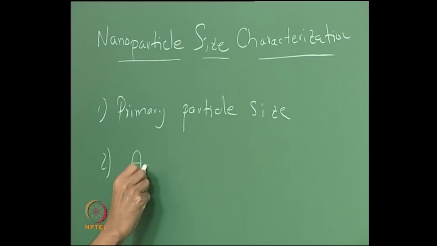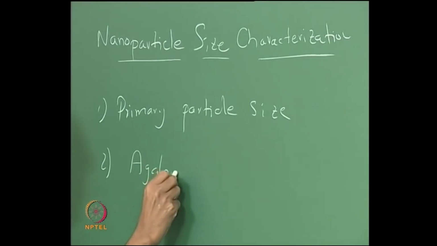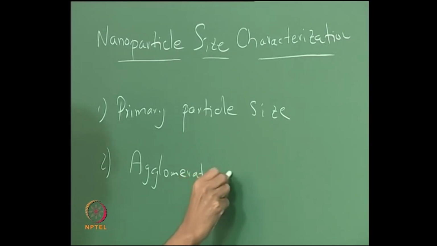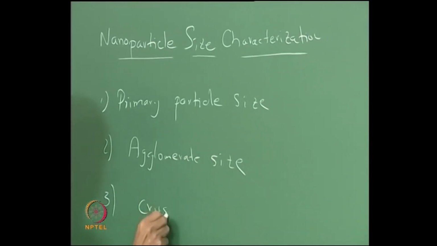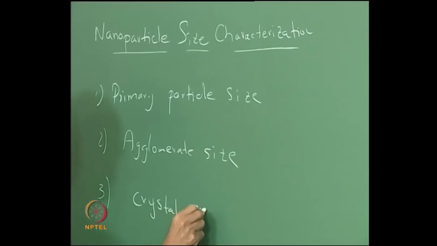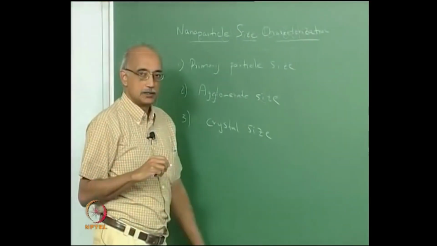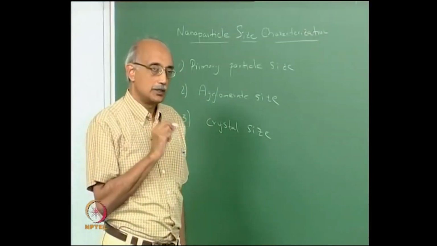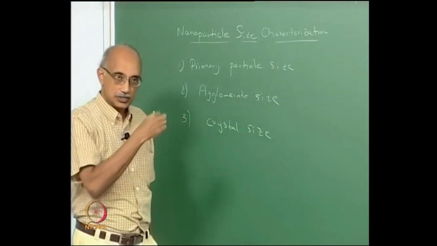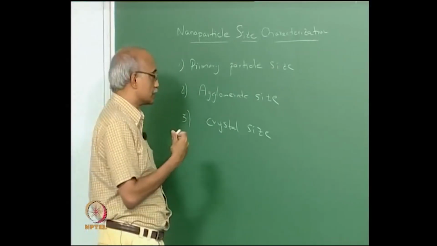The second is an agglomerate size, and the third is crystal size. And corresponding to each of these sizes, there are instruments that are particularly suitable for measuring these various sizes.